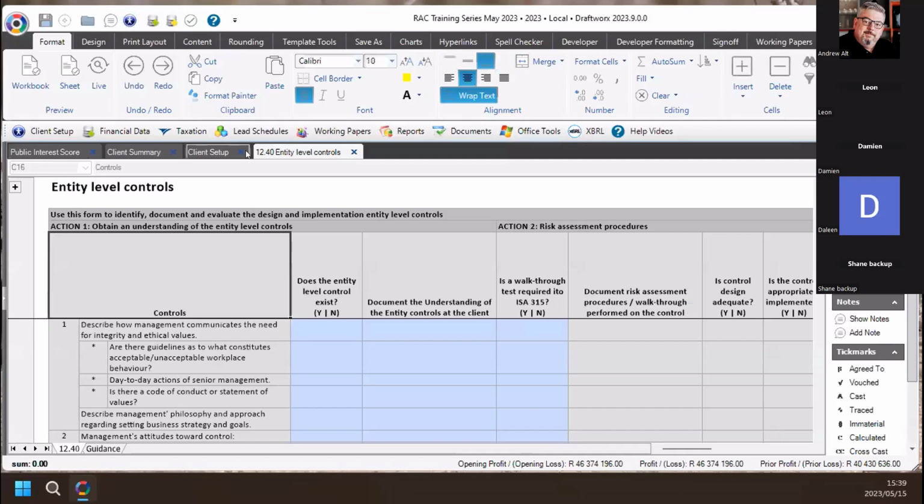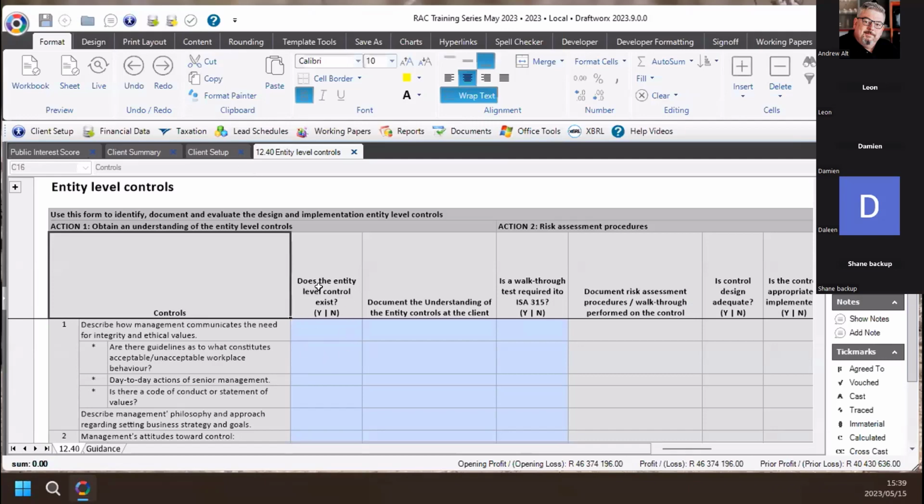Document 1240 is dealing with entity level controls. It's one of the areas where we have put a lot of emphasis following the ISA 315 update, because we see the importance of this becoming far more significant under ISA 315.